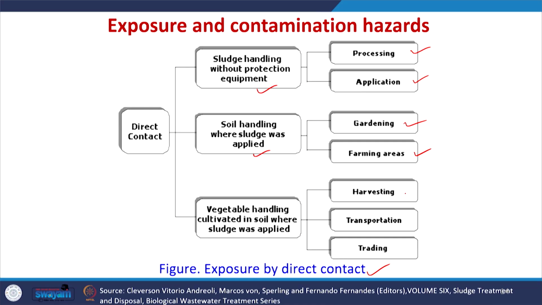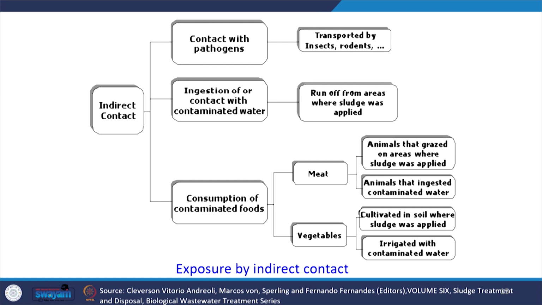Then during harvesting, during transportation, during trading, we can have sludge contamination or the pathogen contamination which is present in the sludge. Now, there are other indirect contact possibilities also. So, these include the contact with the pathogens during transport, because the pathogens may be transported by insects, rodents, etc. So, that is one indirect contact which is possible.